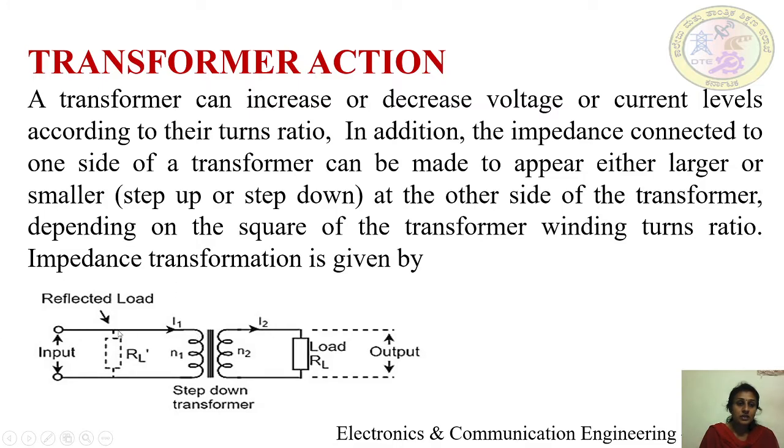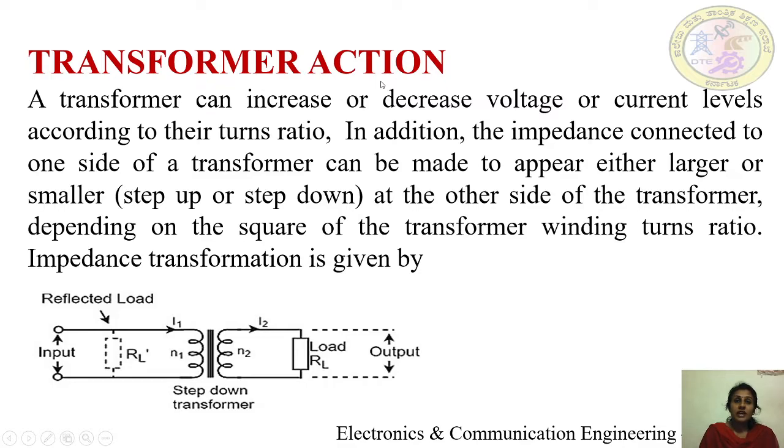The input is connected across the primary winding and the output is measured across the secondary winding. N1 is the number of turns of the primary winding and N2 is the number of turns of the secondary winding. I1 is the current flowing through the primary and I2 is the current flowing in the secondary.